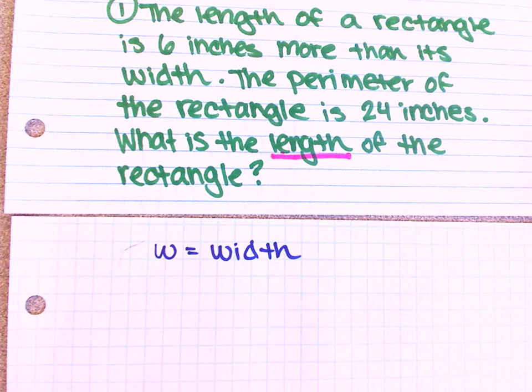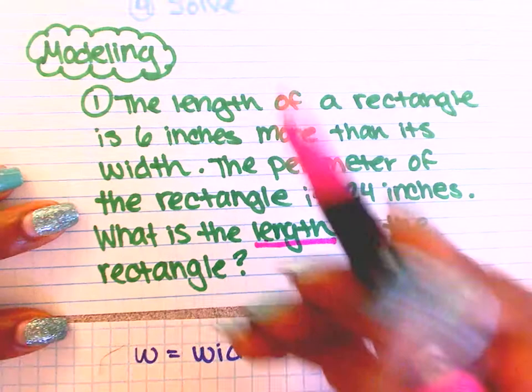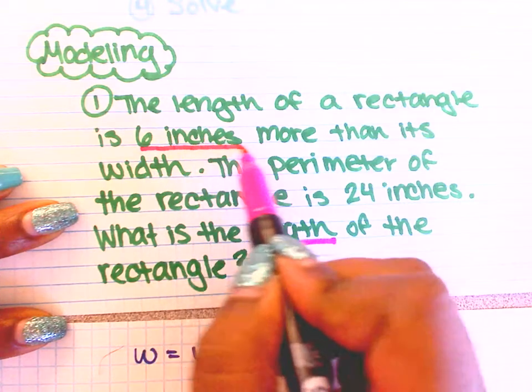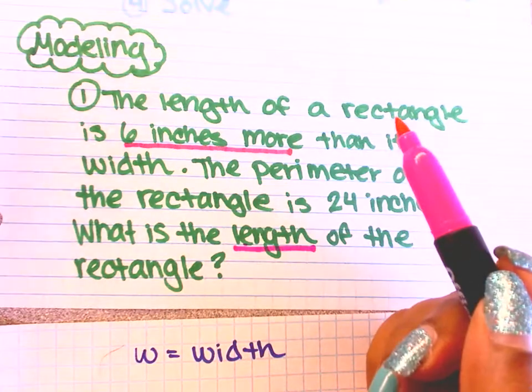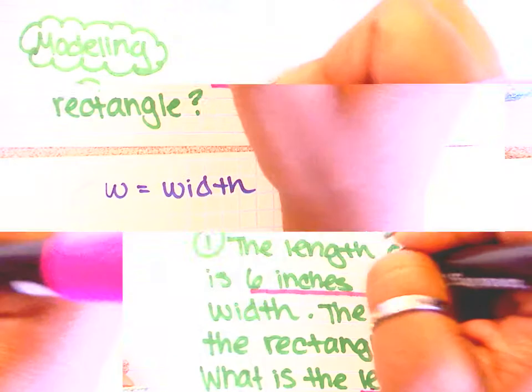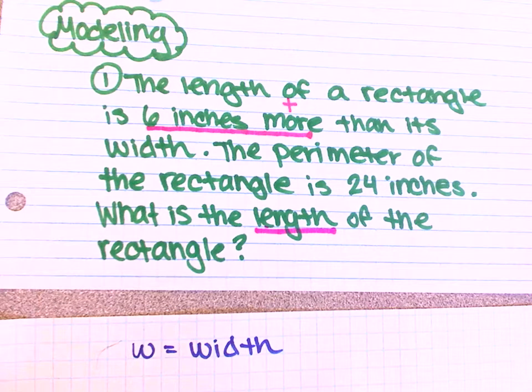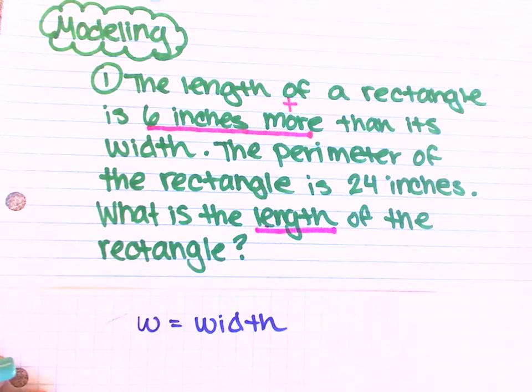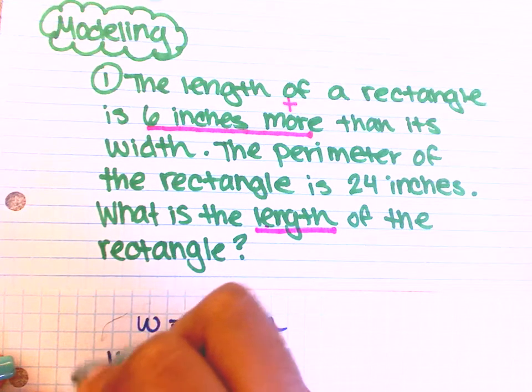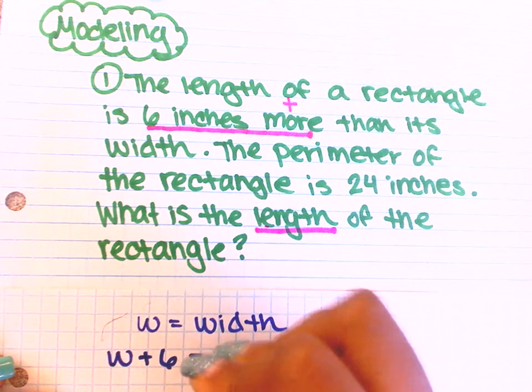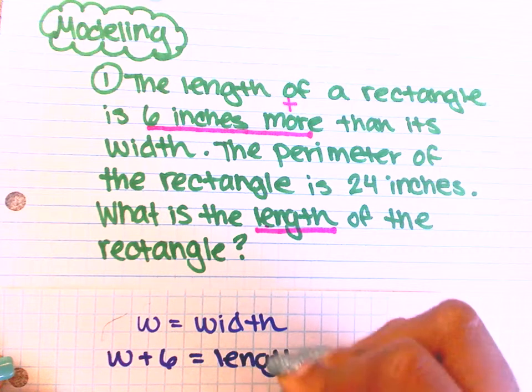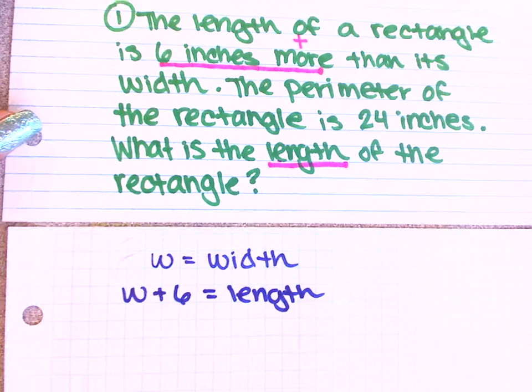Now, go back to the question, it says that my length is 6 inches more. More means to add. So my length is going to be 6 inches more than my width. That's going to be my width plus 6.